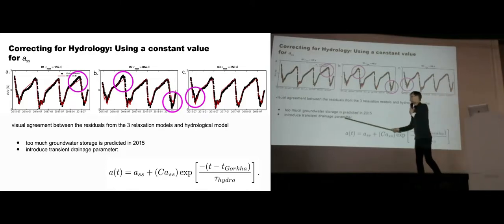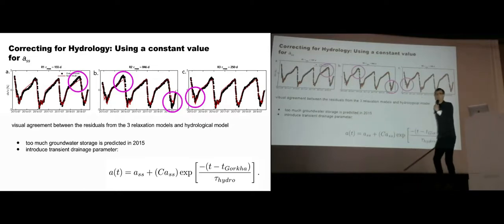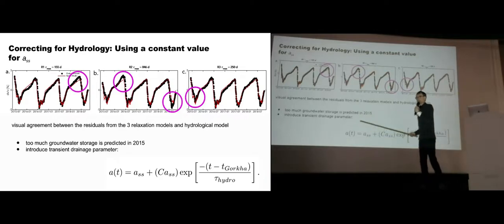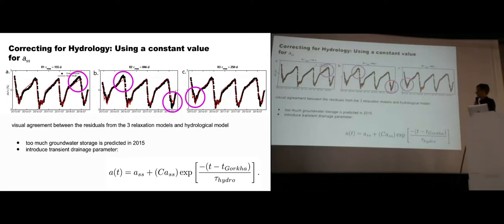it basically boils down to the fact that there's too much groundwater in the system in 2015, right after the earthquake. So the idea is that indeed we've seen that the landscape changes, and is it possible to introduce a transient drainage parameter in the model to better describe the fit of the velocity data by the hydrological model?